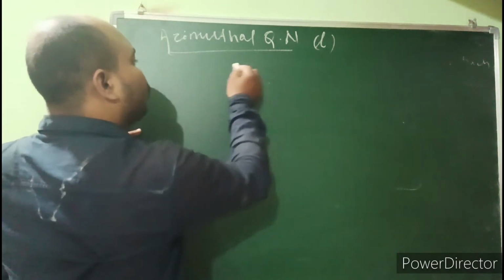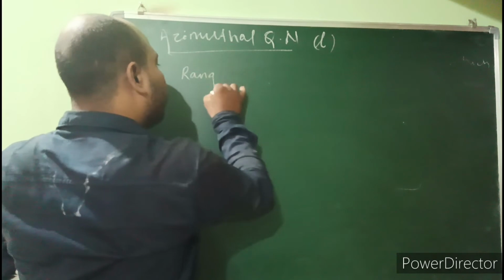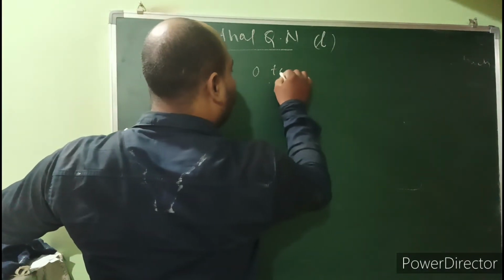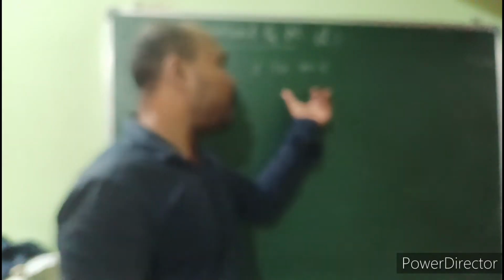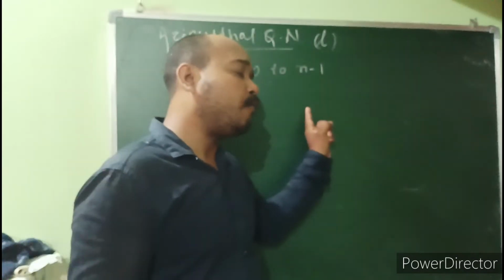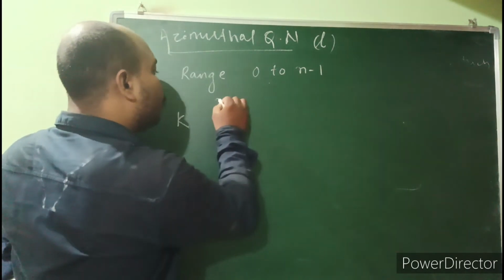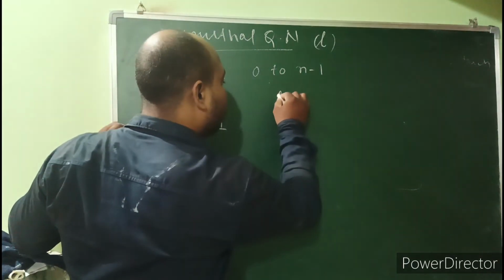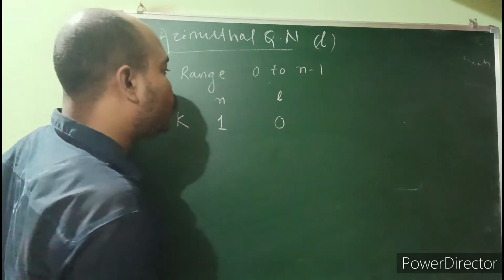The range of the azimuthal quantum number varies from 0 to n minus 1. So we can say the value of l should be less than the value of n, the principal quantum number. For K shell, the principal quantum number is 1, and the azimuthal quantum number is 0.